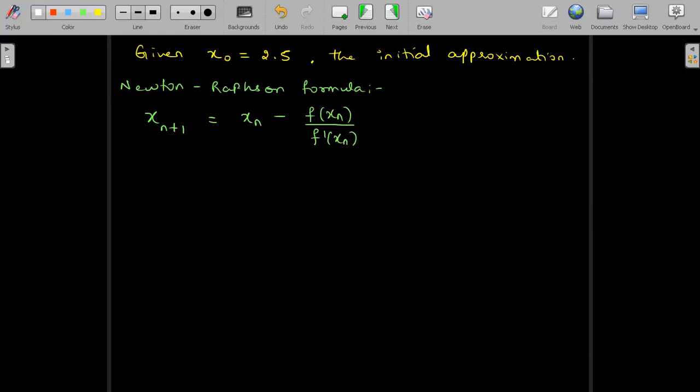Let us substitute all the known things. So xn plus 1 is equal to xn minus f of xn, which is the given question, xn log xn to the base 10 minus 1.2, divided by the differentiation term.